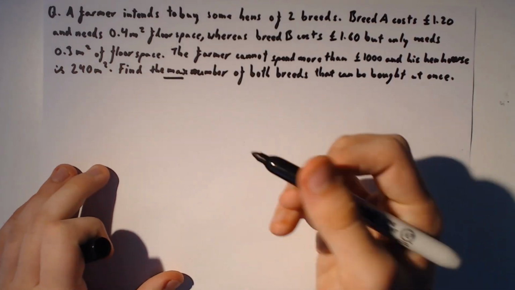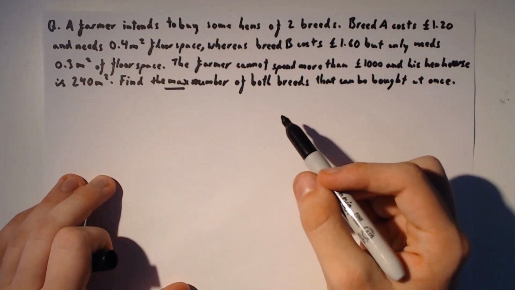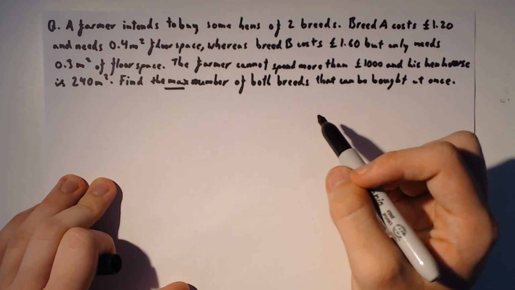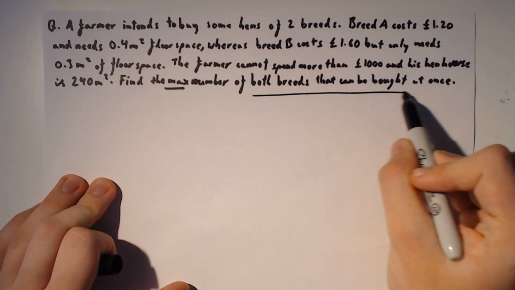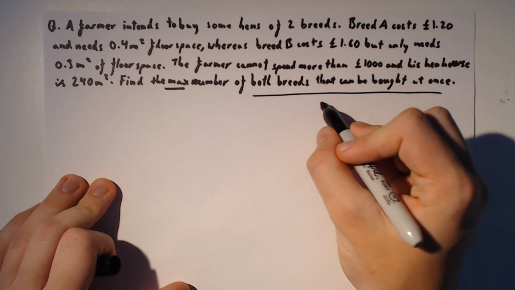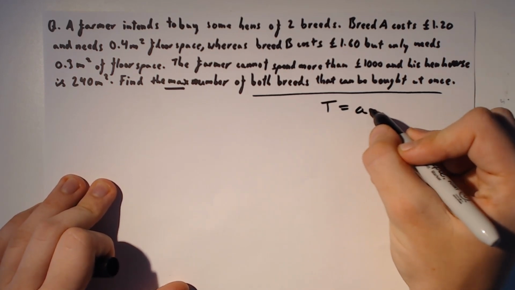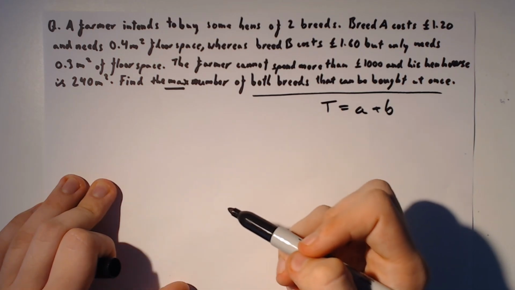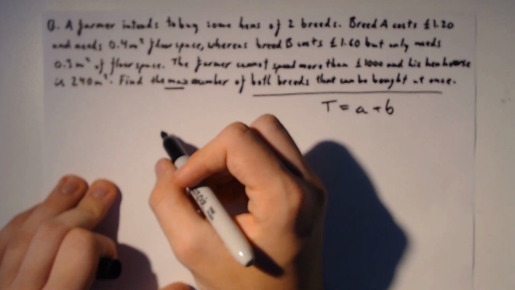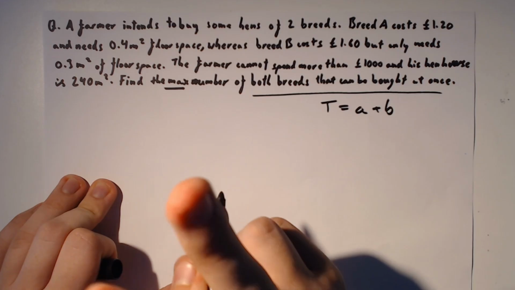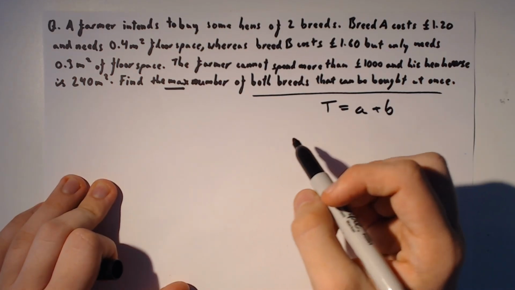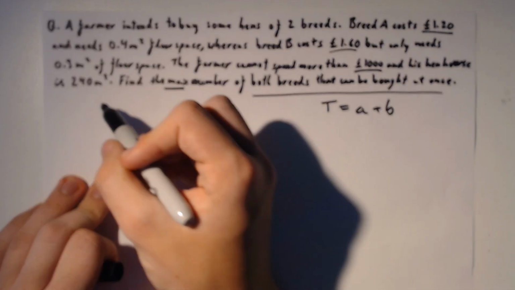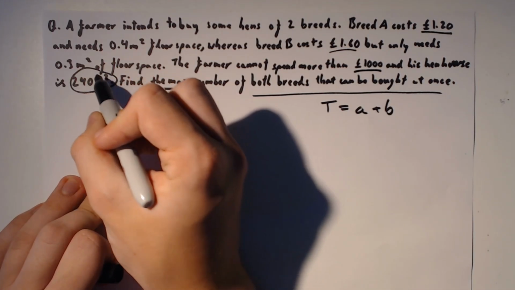So first we need to make an objective function for this statement, both breeds that can be bought at once. That's pretty simple. We can say T for total is equal to A plus B. Then we need 2 separate constraints, one for cost and one for floor space.